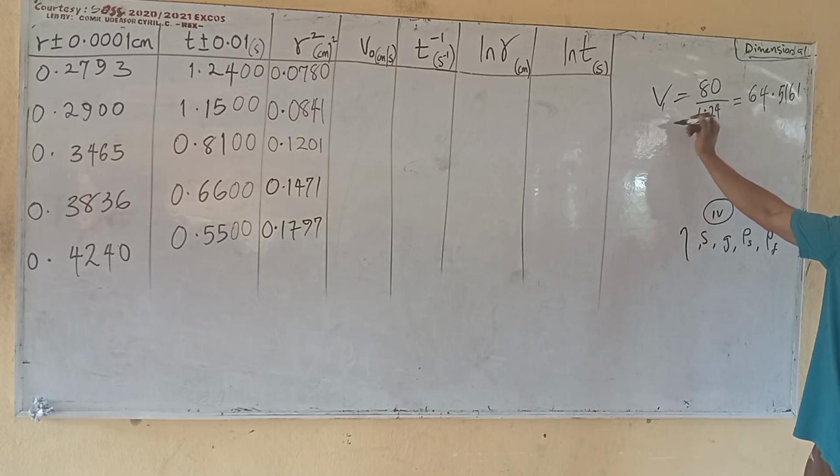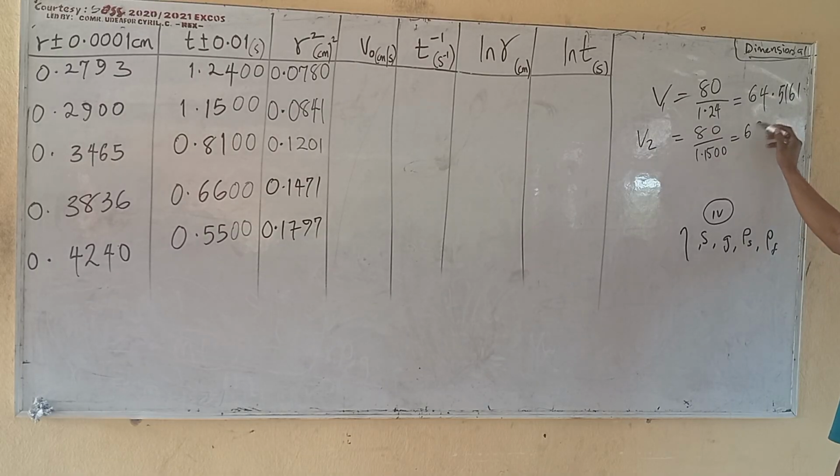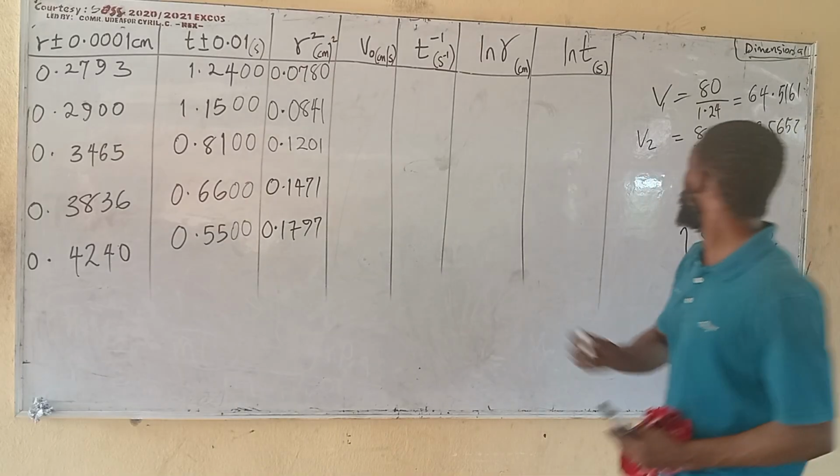That is for V1. For V2, do 80 divided by 1.5. 69.5652. That is how you do all of them.